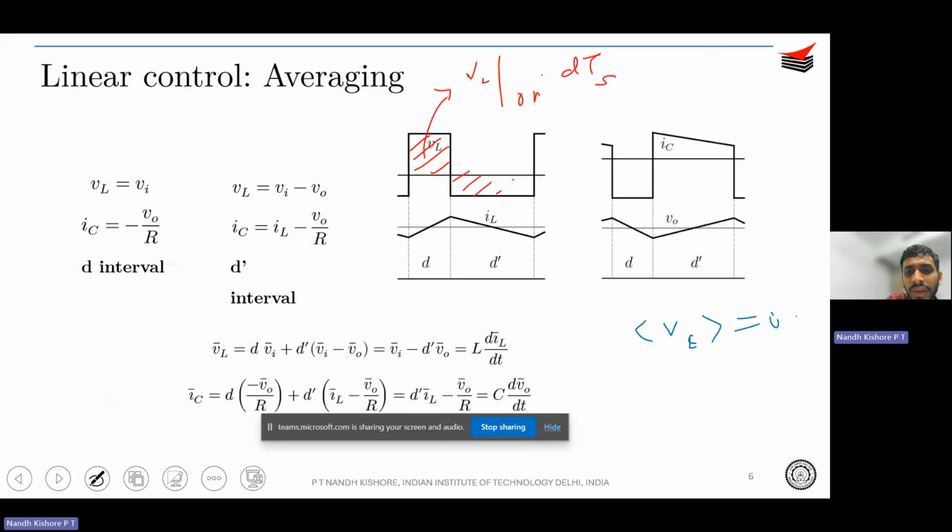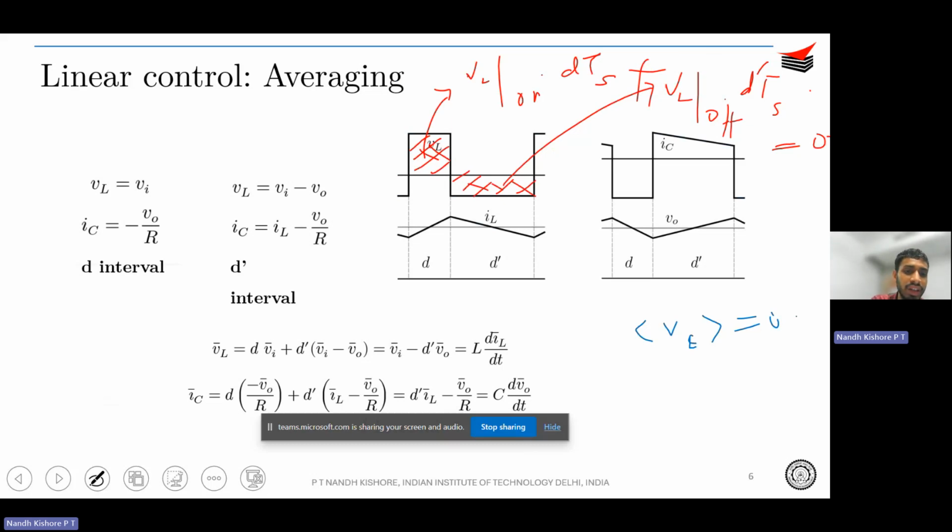And what is this area? This is going to be VL off into 1 minus D TS, that is VL off into D dash TS. If I sum up these two areas, I need to get 0. Simple, because the areas are the same.